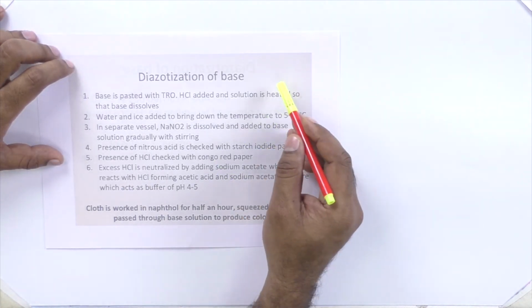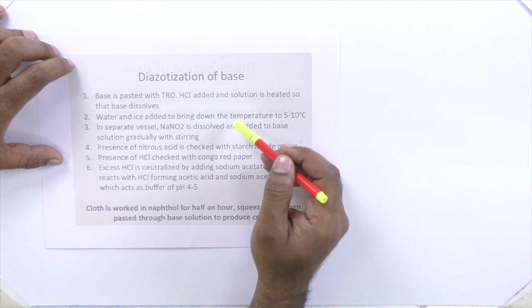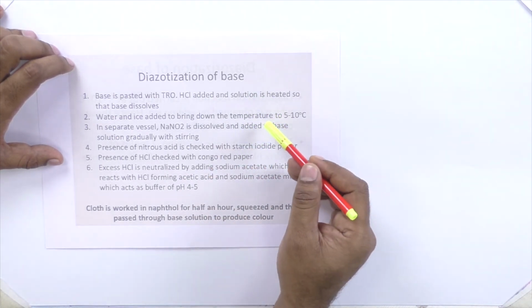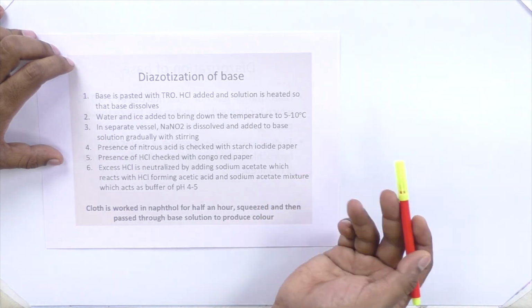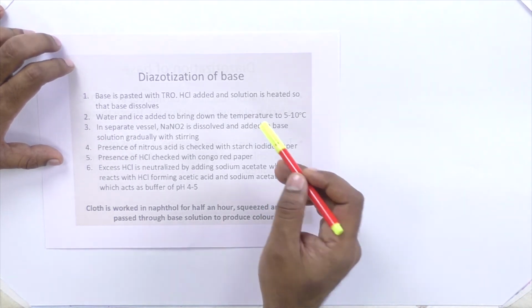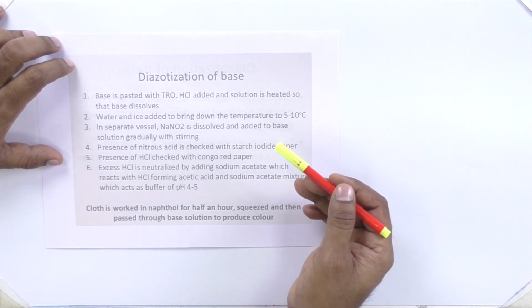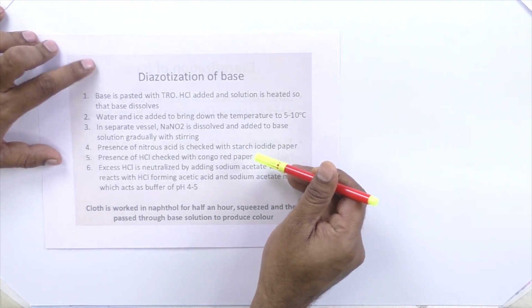The application of naphthol dyes can be either naphthol first and base second, or base first and naphthol second. In either case you can dye the fabric, and in practice they use naphthol first and base second.